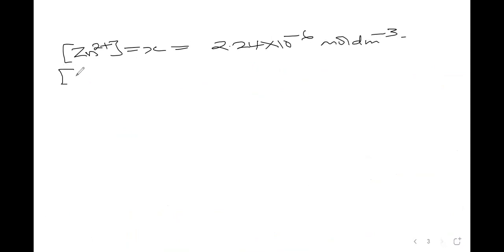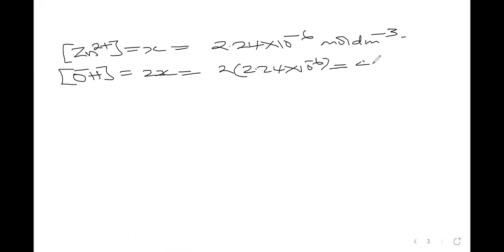Then the concentration of the hydroxide ions is equal to 2x, which is equal to 2 into 2.24 exponent negative 6. That is 4.48 times 10 power negative 6 moles per liter. So by that, we could have answered the question. Are we together?